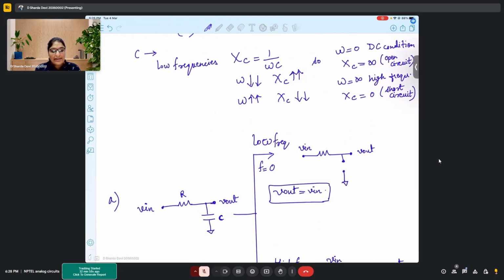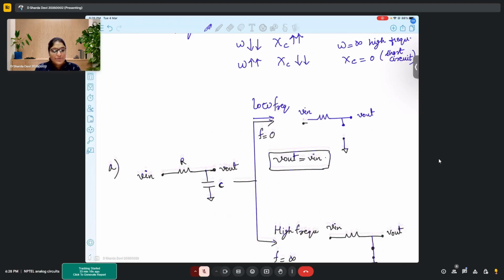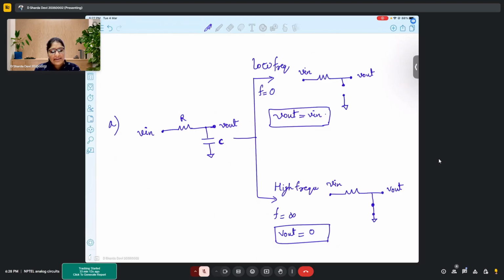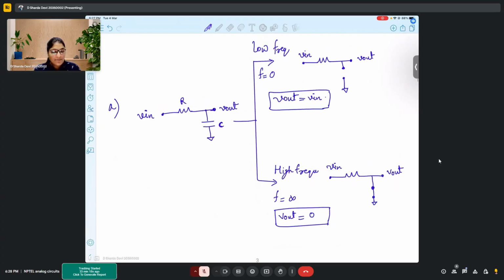And we know that Xc is 1 by omega C. So whatever the omega is, the behavior of the reactance provided by the capacitor is opposite. That is the reason that in high frequencies our capacitor becomes a short circuit, and in low frequencies the capacitor becomes an open circuit.